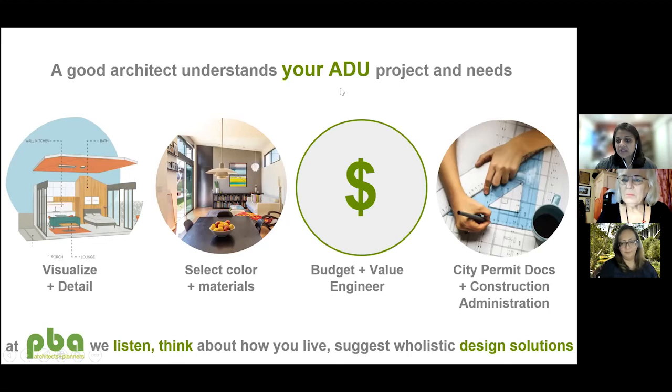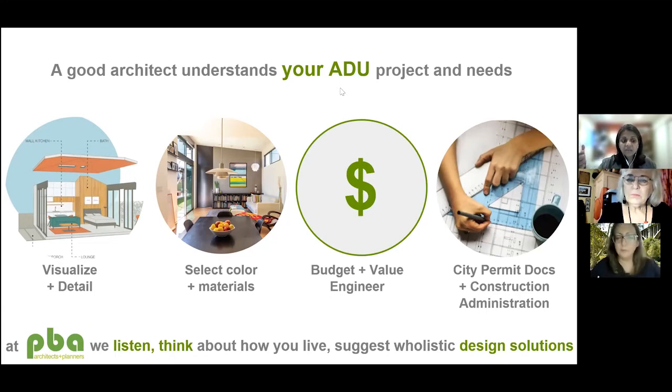And a good architect then creates, once the design is done, they submit it in the form of plan check documents so that you can receive a permit. They will help do all of the work in terms of interacting with the city, making sure everything is taken care of, and then be able to help you pull the permit and then guide you in selecting a contractor.